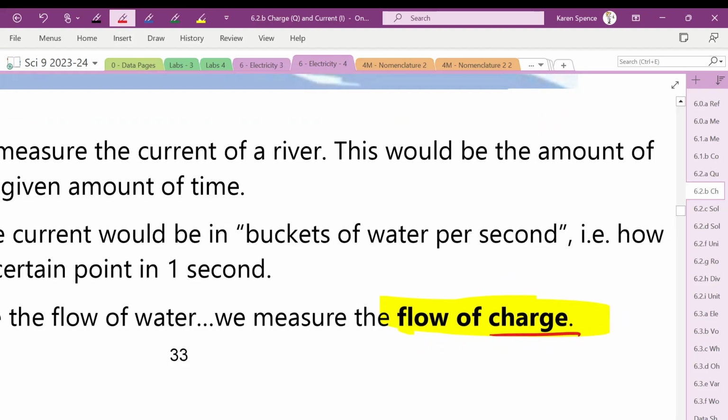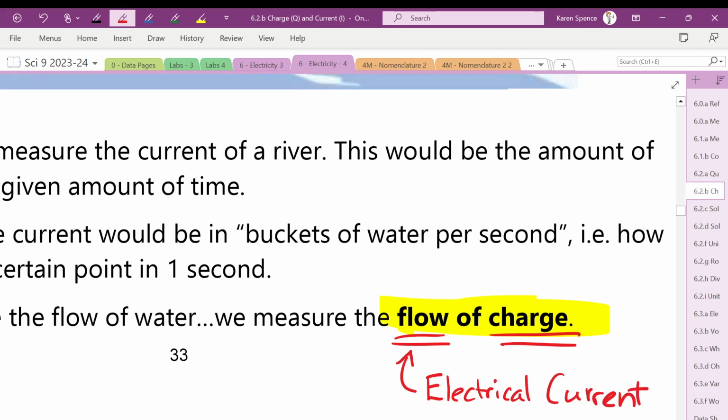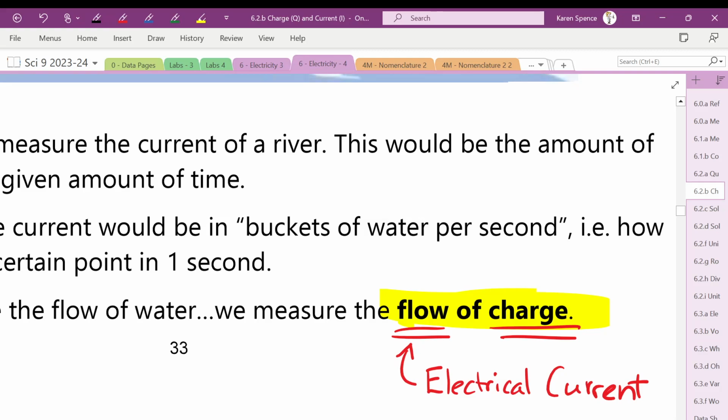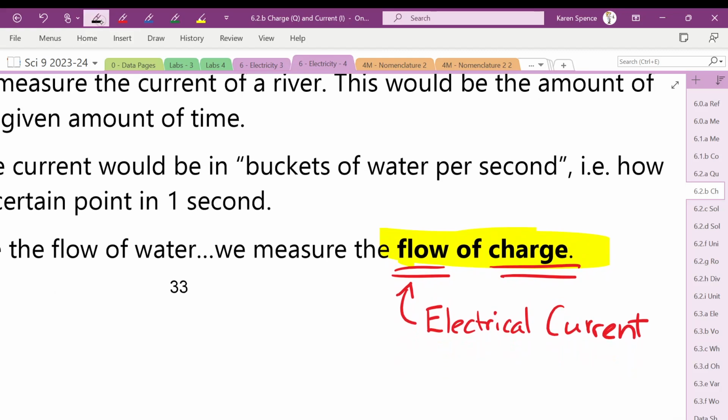We are measuring the flow of charge, and the flow of charge is electrical current. Current is another quantity.